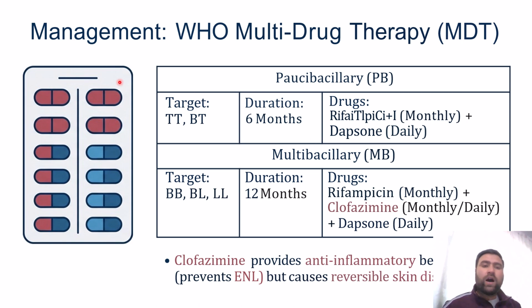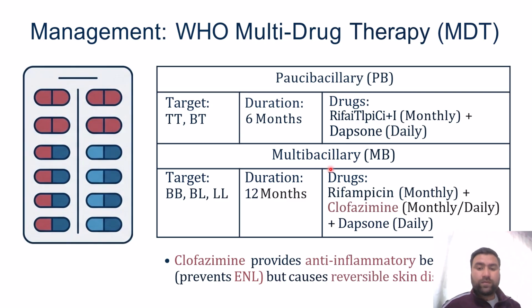Here you can see how you will manage leprosy. So if there is paucibacillary or tuberculoid leprosy in those who have a functioning immune system, in these cases you will give for 6 months rifampicin and dapsone.